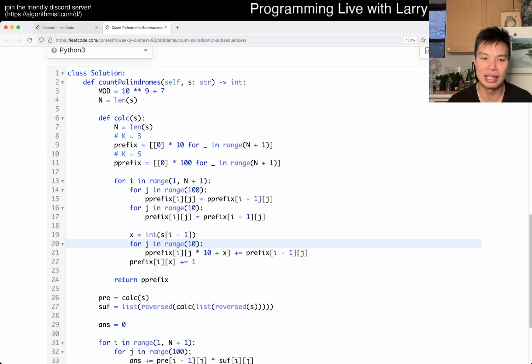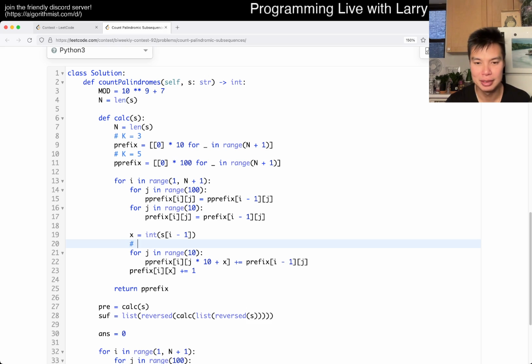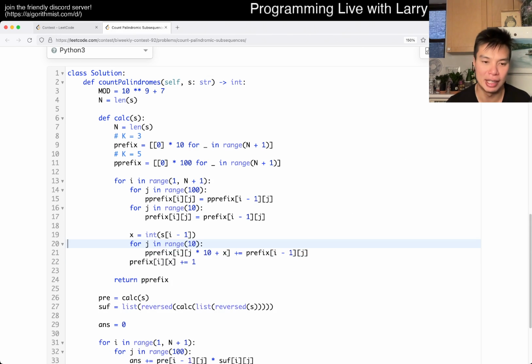Let's say we have x and a j, and x is equal to 5, then we ask, how many 05s are there? Well, the number of 05s is the number of previous zeros before this index, and so forth, and you do it for 0, 1, 2, 3, 4, 5, 6, 7, 8, 9, and that's basically it.